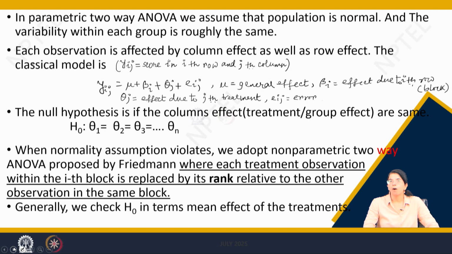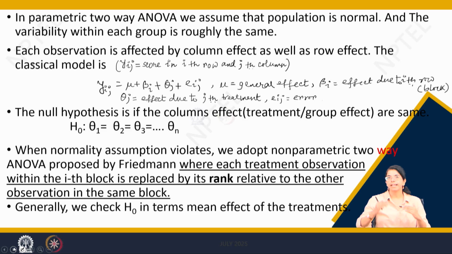The classical model for ANOVA is Yij = mu + beta i + theta j + Eij. Now, I am not asking you to remember this classical model. Rather, I am just trying to give you an idea of why we take this linear model, and the rationale behind taking such a linear format.